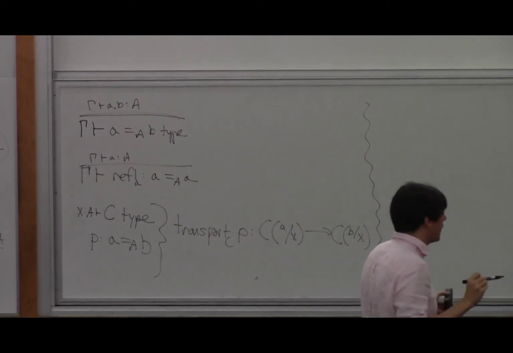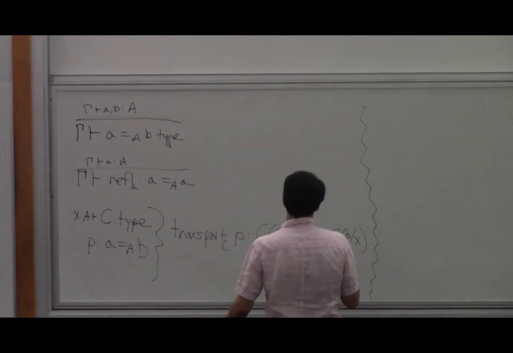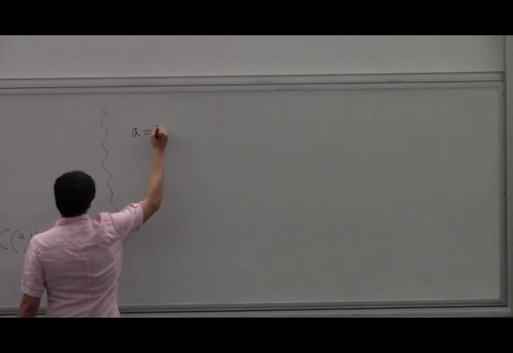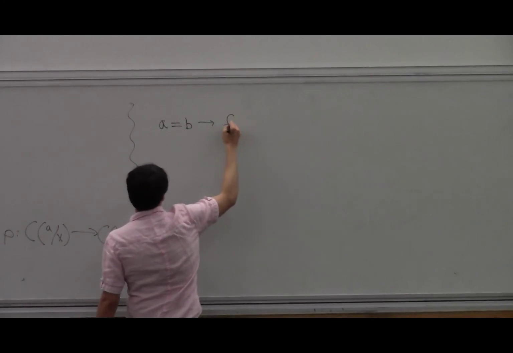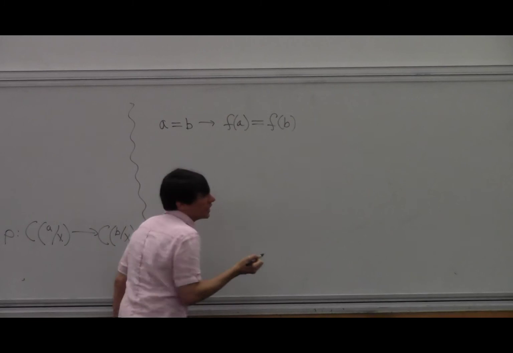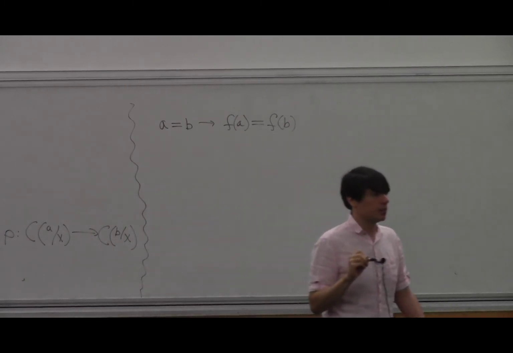And using that, for example, from this principle, you can define something that says if A equals B, then it's also the case that f of A equals f of B. We used that somewhere in our proof before.